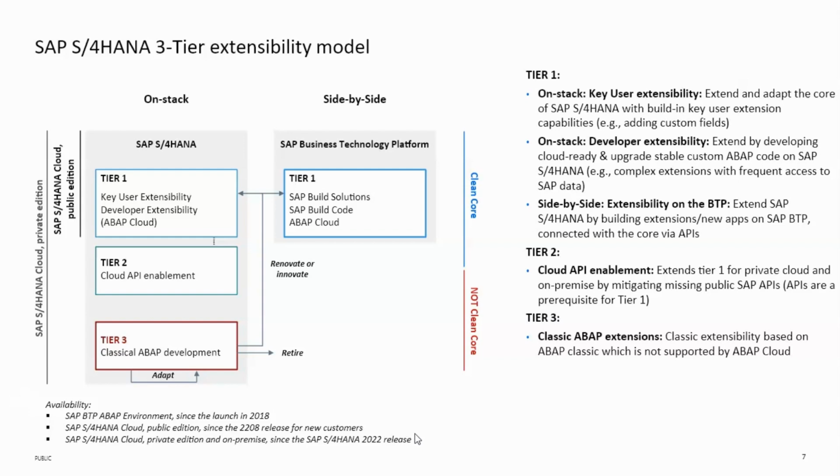On-stack developer extensibility: extend by developing cloud-ready and upgrade-stable custom ABAP code on SAP S/4HANA, for example complex extensions with frequent access to SAP data, maybe from external systems. Side-by-side extensibility on the BTP extends SAP S/4HANA by building extensions and new applications on SAP BTP, connected with the core via the APIs.